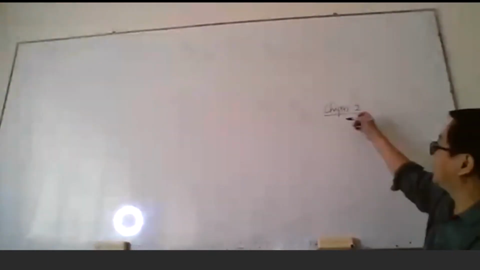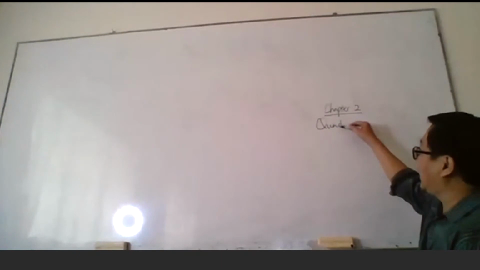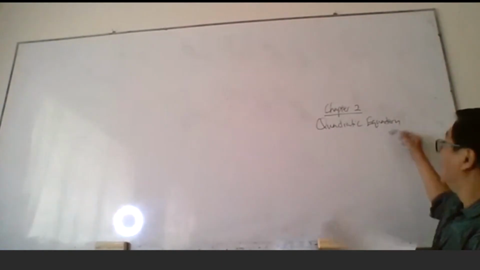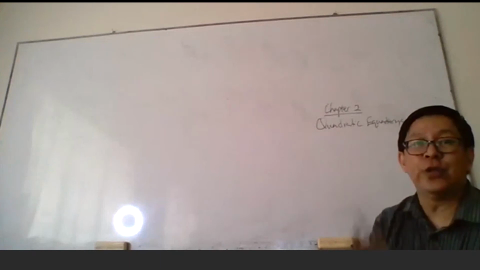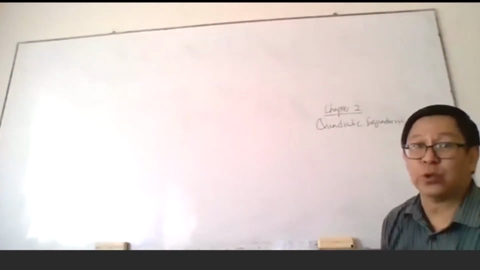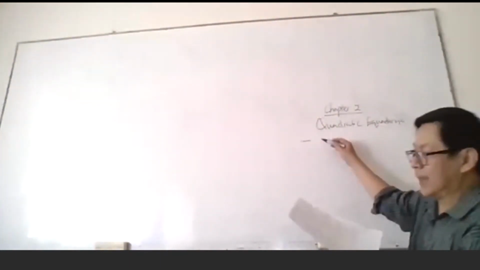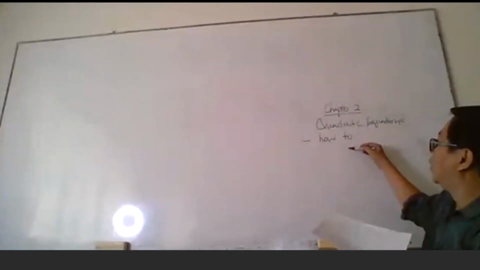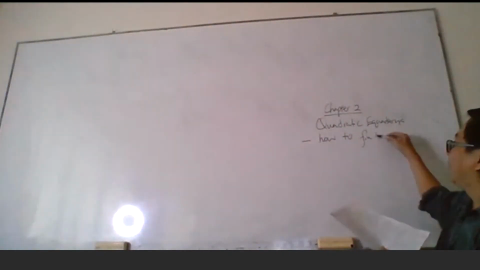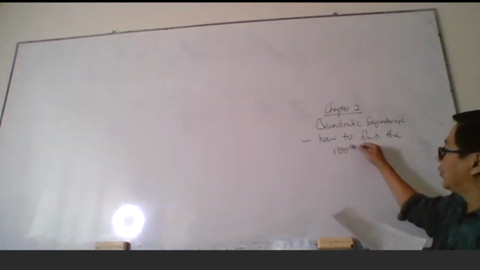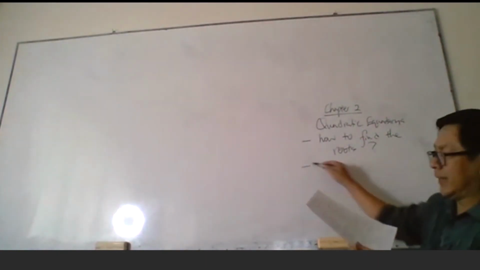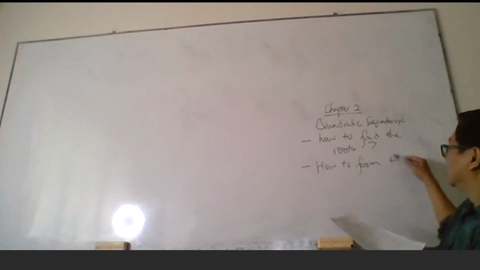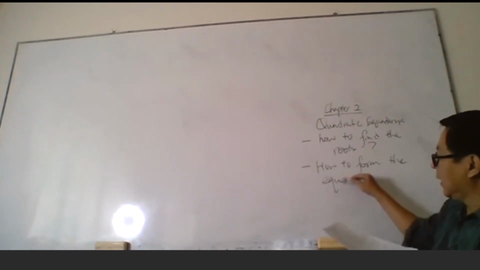For this so-called quadratic equation, I'm trying to divide it into 3 different sections to teach you. The first section teaches you how to find the roots. The second one teaches you how to form the equation.